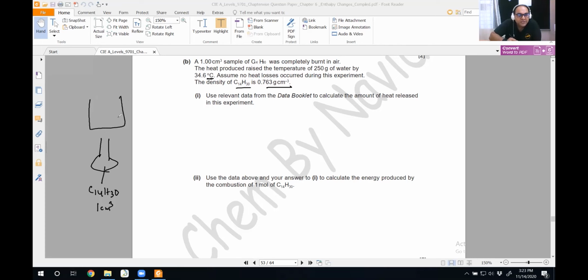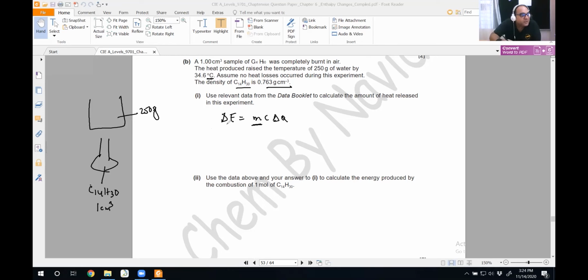So here we had 250 gram of water. So always remember, del E is equal to m c del theta. So this mass is not the mass of the substance we are burning. This is the mass of the liquid which is being heated up. Okay, sir? It's the liquid which is being heated up.